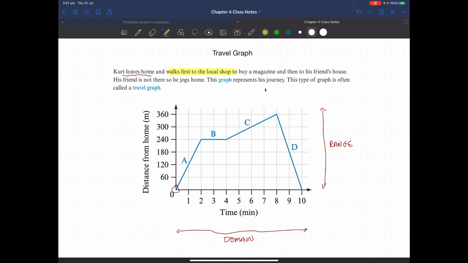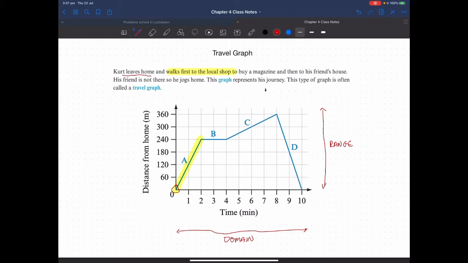I have just highlighted the part in the first paragraph, walks first to the local shop, and I've highlighted the first straight line on the graph. That straight line on the graph represents his journey to the shop. So what do we notice there?